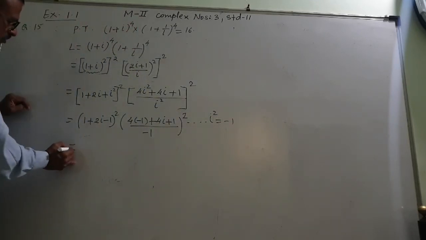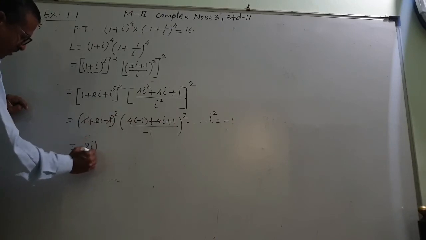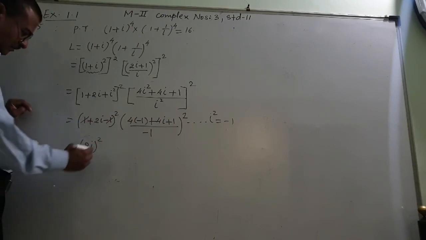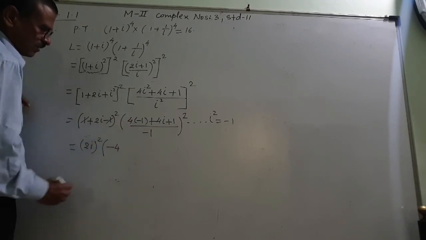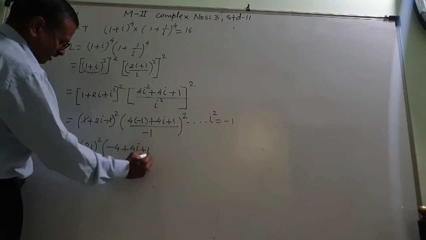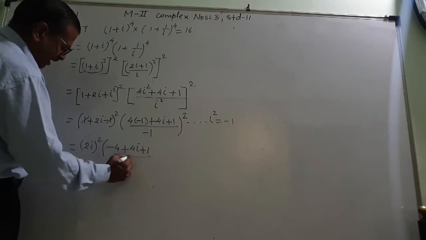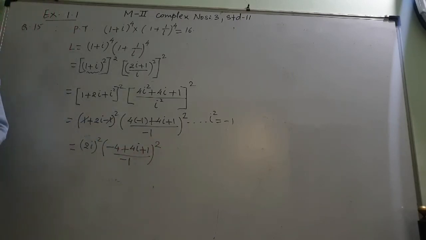So that is equal to. This and this will get cancelled. So (2i) bracket square. This will be minus 4 plus 4i plus 1 upon minus 1, its square. Hope that you get it.